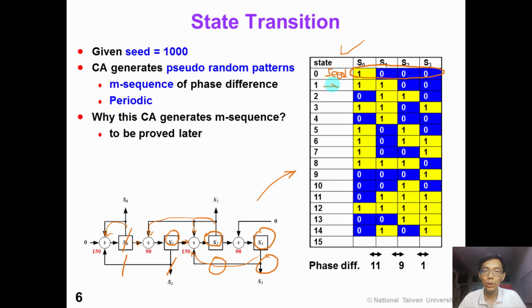So after one clock cycle, the state will be 1, 1, 0, 0. And we can repeat this to generate the other states.